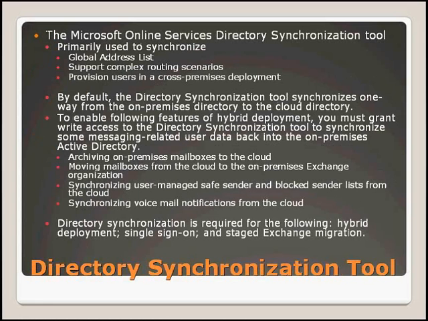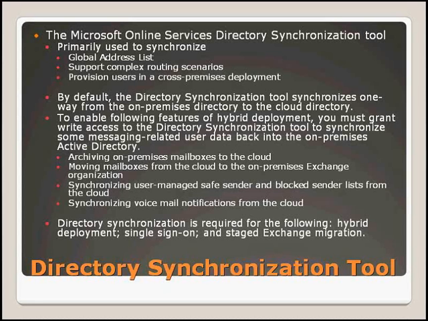It can support complex routing scenarios, and it is useful to provision users in a cross-premises deployment. What do I mean by that? Synchronizing the GAL means it synchronizes the users in your on-premises network and the users in Office 365, and shows you a single GAL.